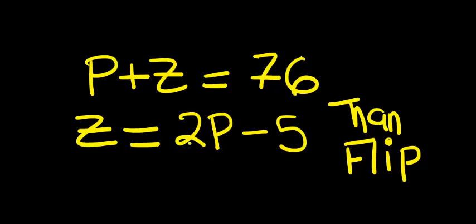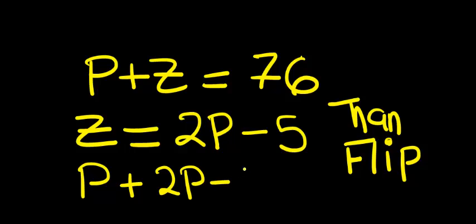So now that I have Z defined in terms of P, I'm going to rewrite this equation to say P plus 2P minus 5 equals 76. And here all I'm doing is substituting in this algebraic equation this value of Z written in terms of P.